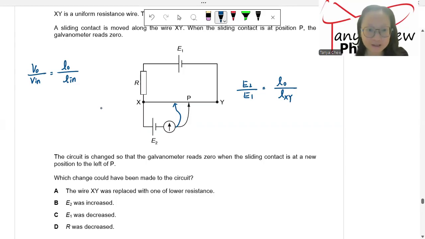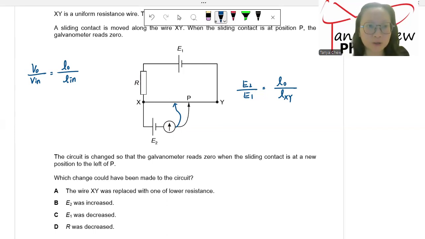Now they say that the galvanometer reads 0 to the left of P. So to the left of P, maybe it could be increasing, it could be decreasing, it depends.